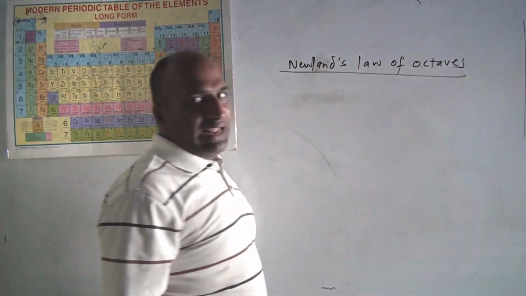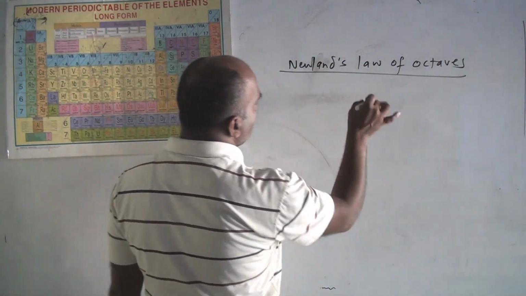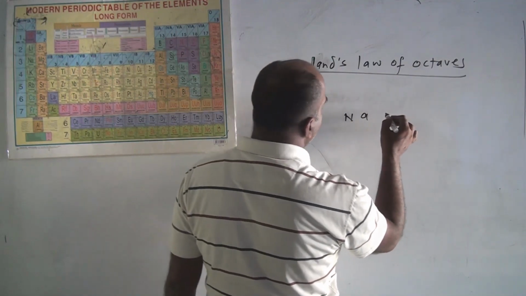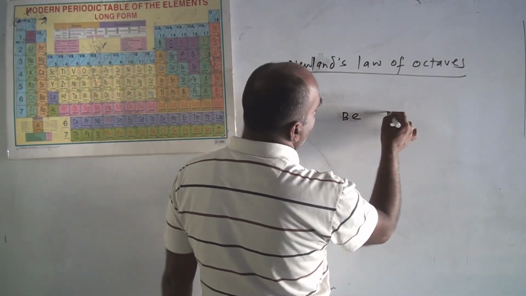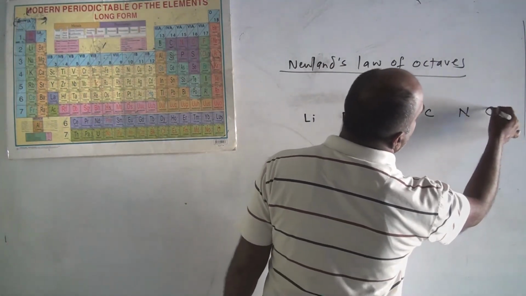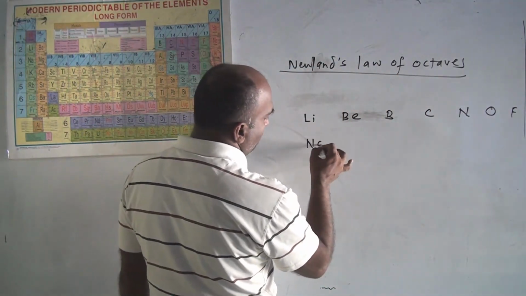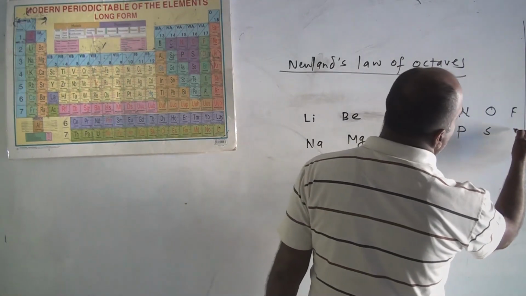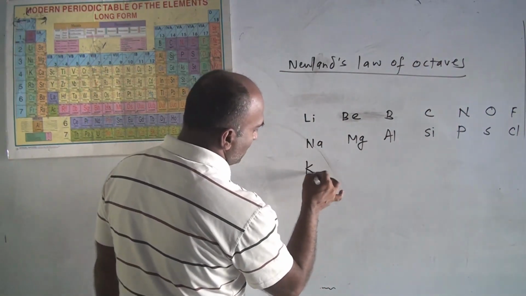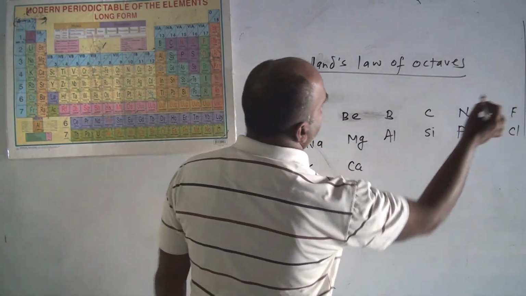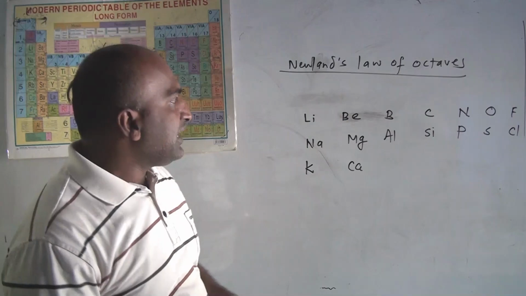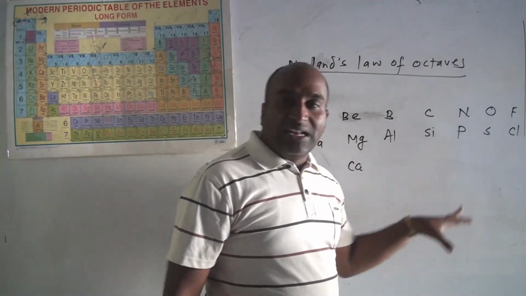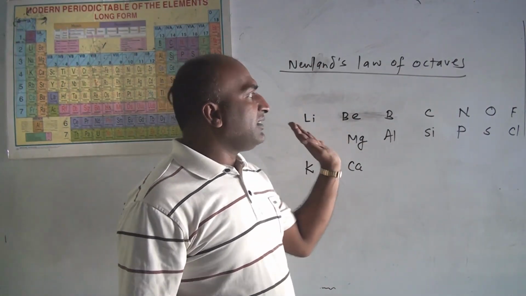According to John Newlands, if elements are arranged in the increasing order of atomic weight, just like lithium, beryllium, boron, carbon, nitrogen, oxygen, fluorine, sodium, magnesium, aluminium, silicon, phosphorus, sulfur, chlorine, potassium, calcium, etc., then the properties of elements get repeated after the eighth element.